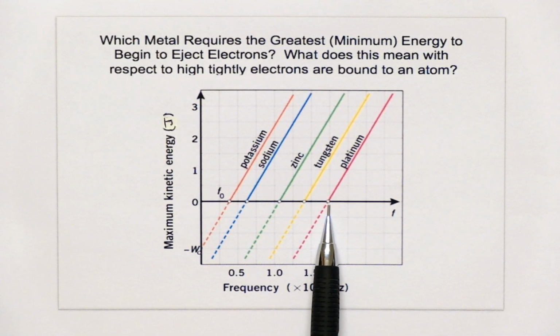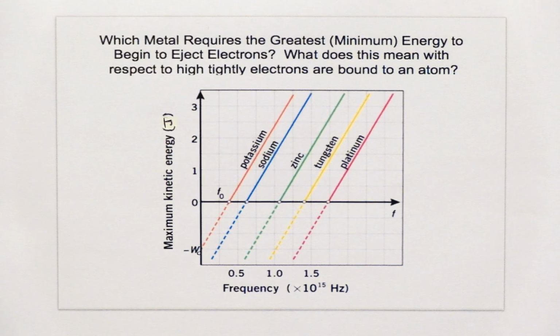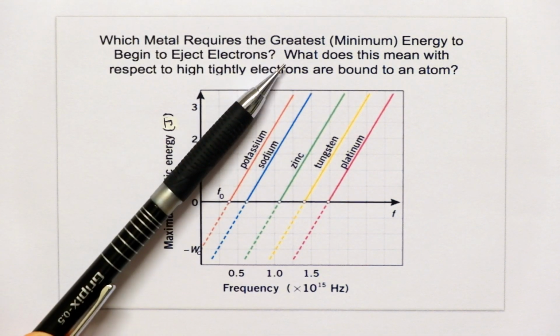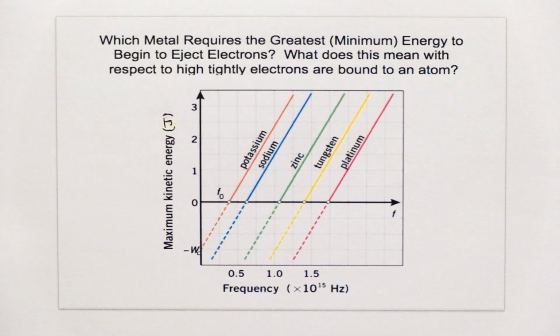Platinum requires the most energy to release electrons because it has the highest threshold frequency and it would have the highest work function. The next question, what does this mean with respect to how tightly electrons are bound to an atom? In which one would you say are the electrons the most tightly bound? In which one would require more energy to remove electrons from the atom?